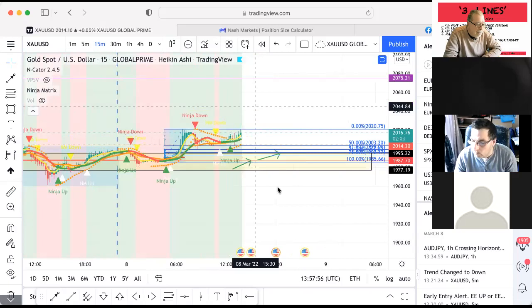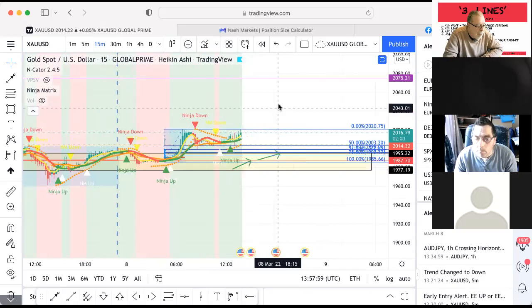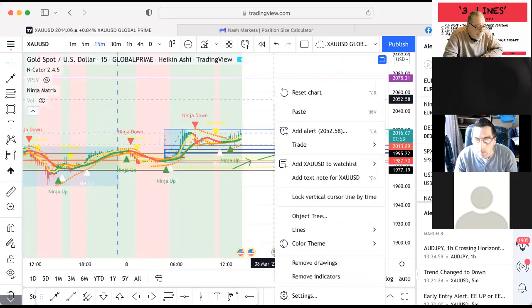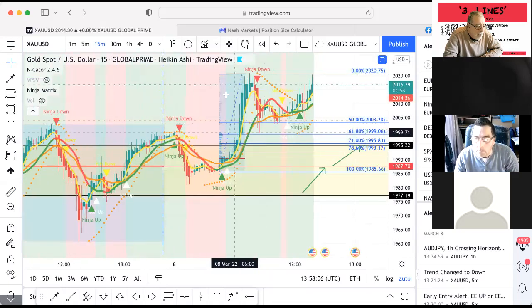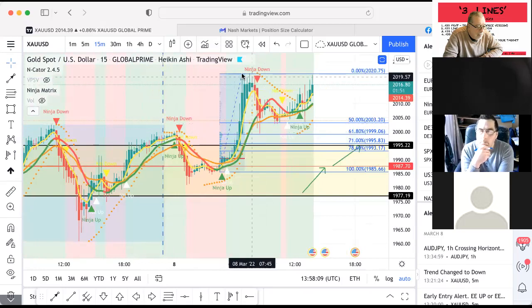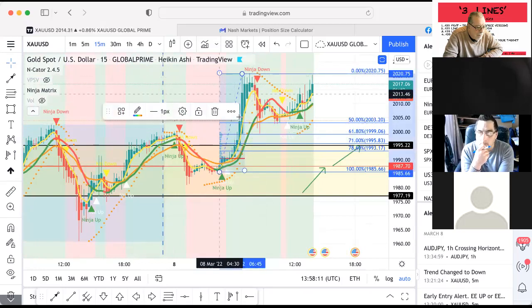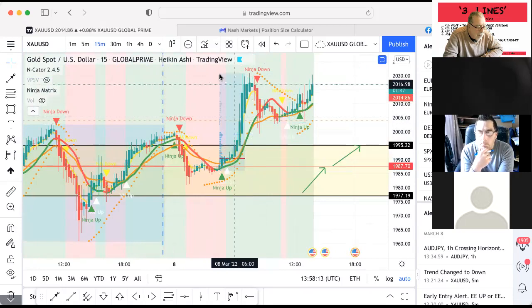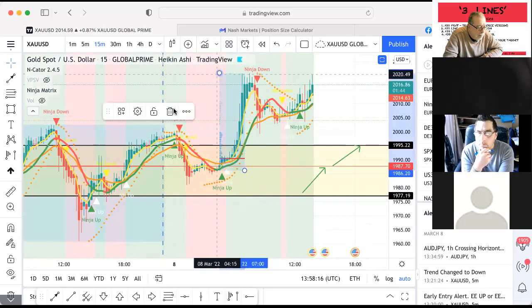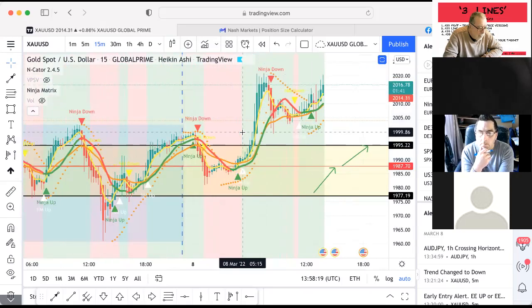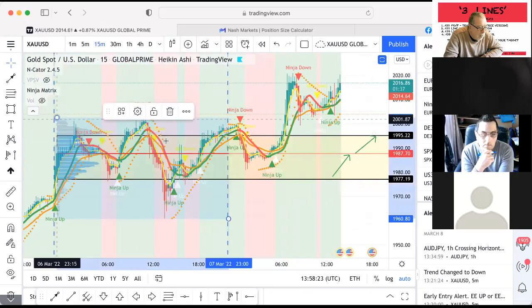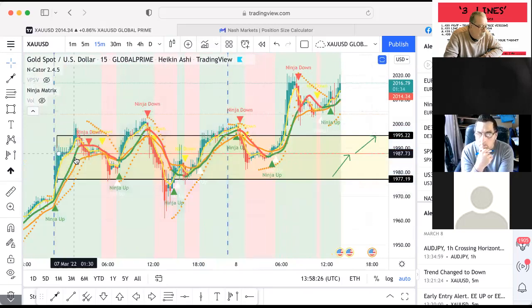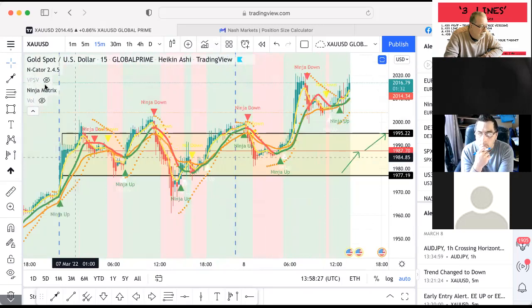Well, let's think about the options here. We'll just reset the chart, and I'll get rid of my fibs and I'll get rid of this, and we'll use the VPS3, which is the session volume.